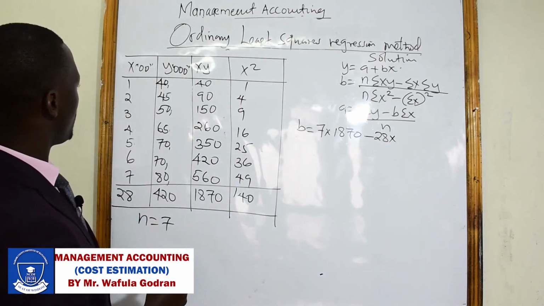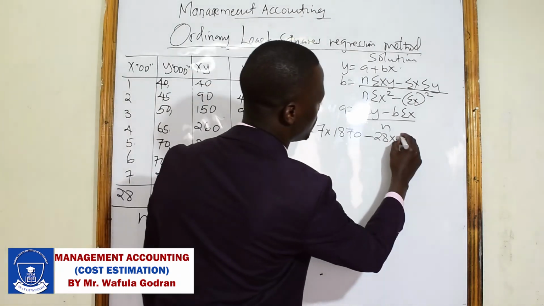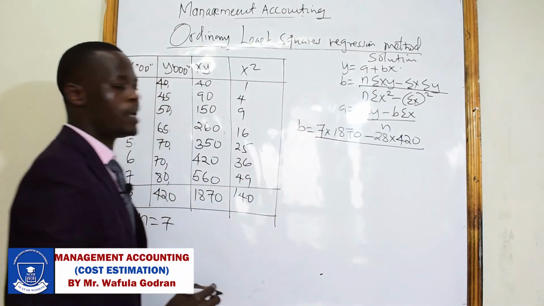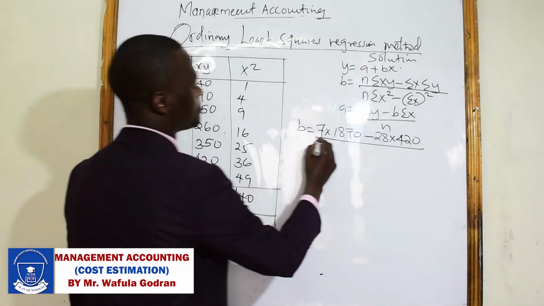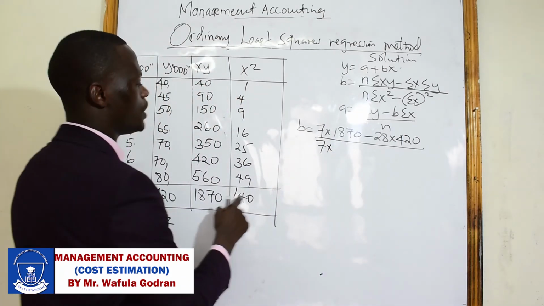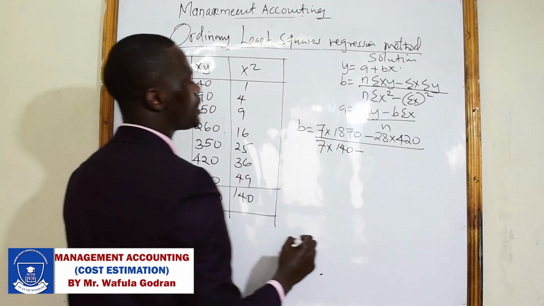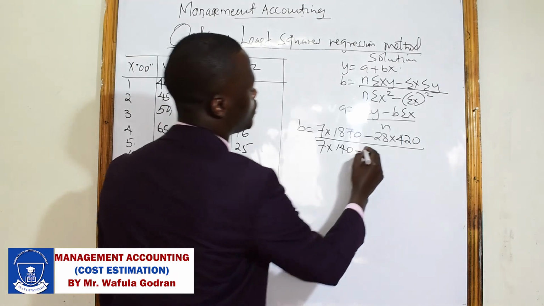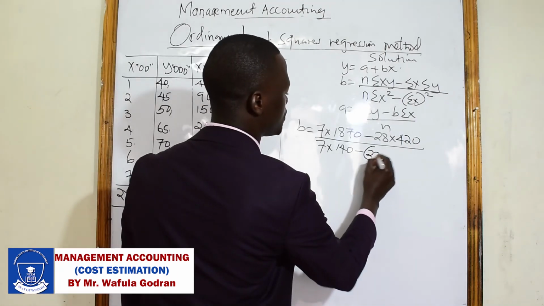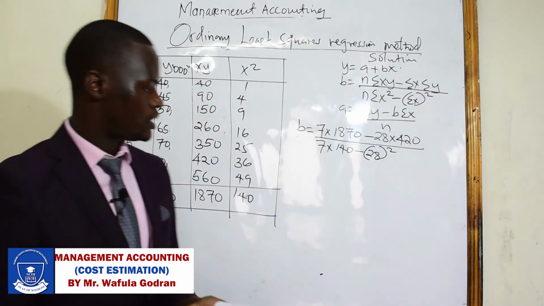Oh, we have y. Y is 420. Divide by n, 7 again, times summation of x squared. X squared 140 minus, into brackets, summation of x 28, then we square. So that is how we get that.